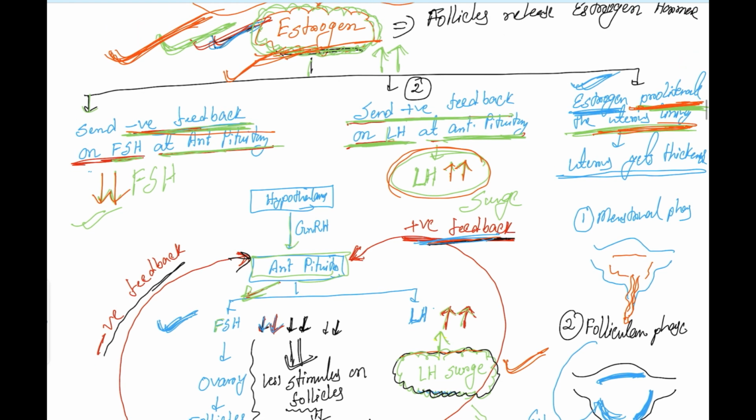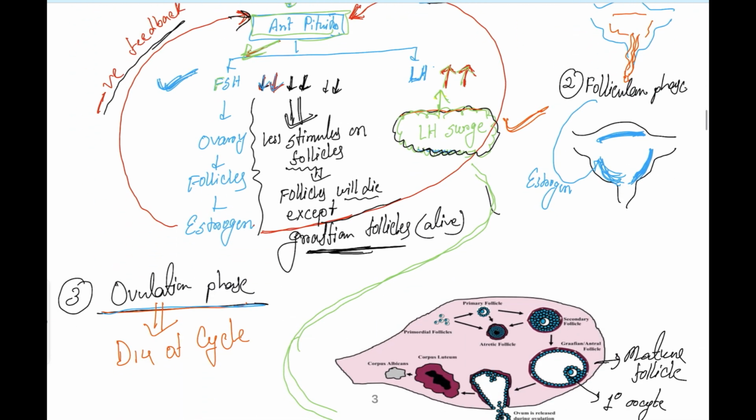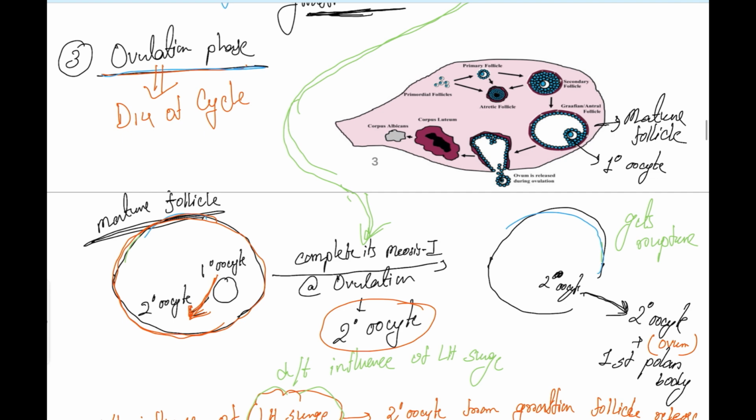As a result, LH surge occurs. If I ask you LH surge occurs due to, your answer will be positive feedback of estrogen or high level of estrogen. If a woman has a 28-day menstrual cycle, when will ovulation occur? You will answer day 14.